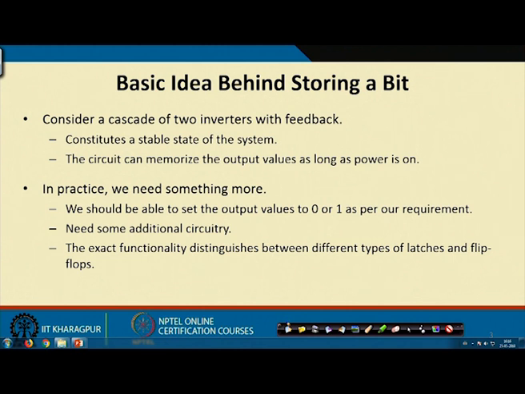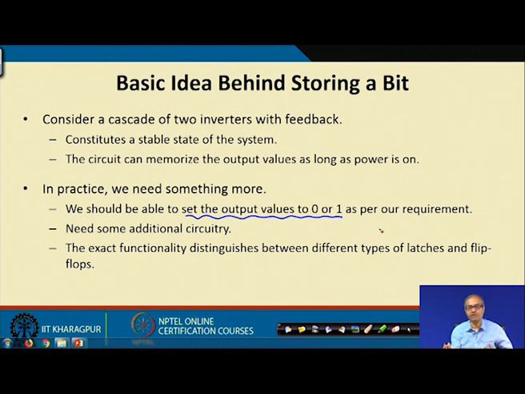But in practice we need something more. What we saw is that we have a stable system that can be designed using two cross coupled NOT gates. But what we have not talked about so far is how to set the output values to 0 and 1 depending upon our requirement. So, we also need a circuit that lets us set the circuit state from outside to either 0 or 1 as we need.